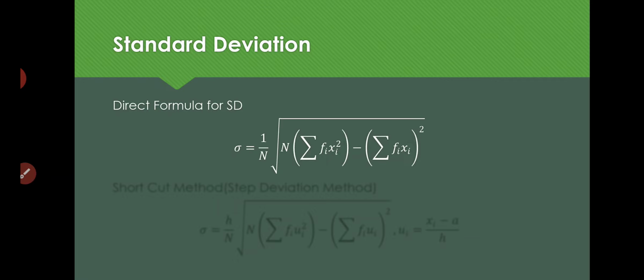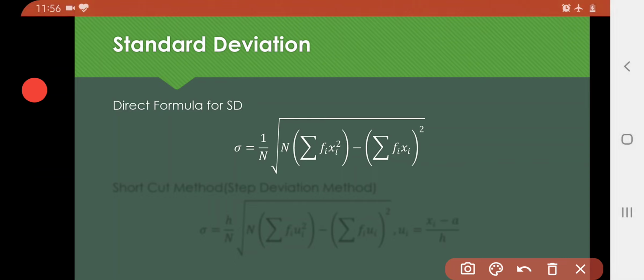Right? Now what is capital N? Capital N is basically summation of fi, that is the total number of observations.